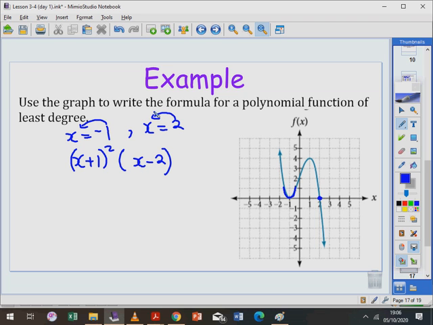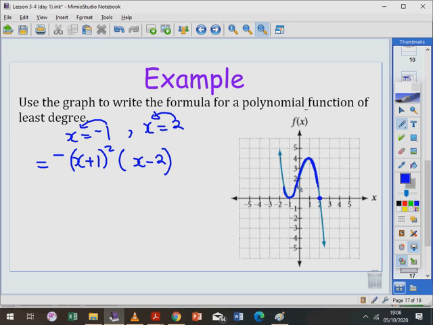Now, this can be one of my polynomials of least degree. But if I want to be very specific, I'm going to add a negative, because I can see that this point has a downward looking shape right here, and that tells me that this expression is going to have a negative. I probably know this intuitively because I'm teaching this to you, and I've seen lots of graphs that look like this.